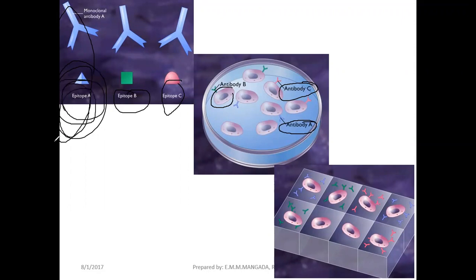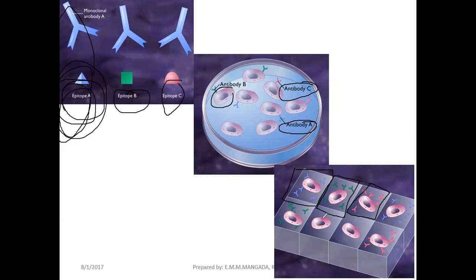Ngayon, they will do isolation. Kung makikita nyo dito sa picture, guys, they will put in microtiter wells yung mga B cell natin. So, this well here contains now the B cell that produces anti-antibody A only. This one naman here contains now the B cell that produces the green one, antibody B. And this well here contains now the B cell that produces naman the red antibody C. So i-isolate natin sila.